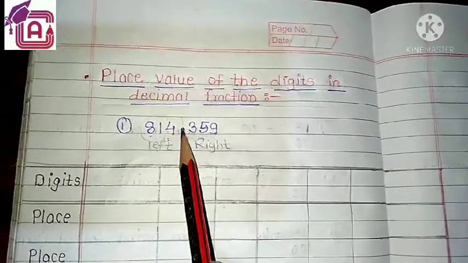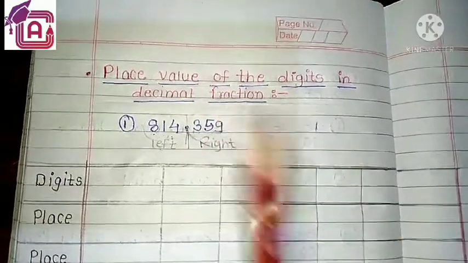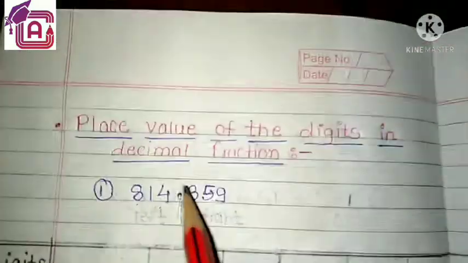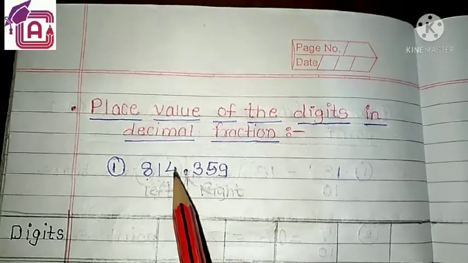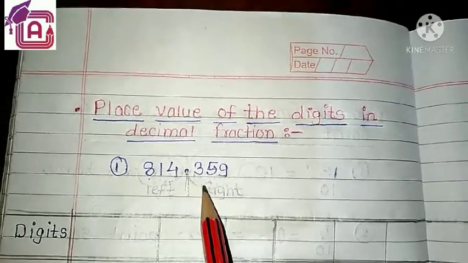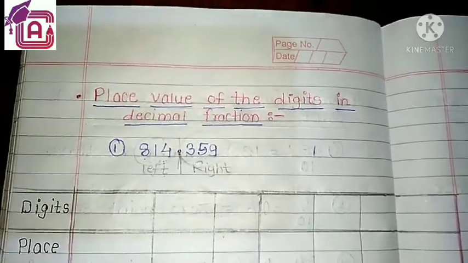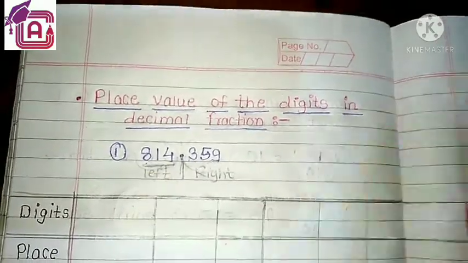And on the right side of the decimal point, these are all decimal numbers. So on the left side of a decimal point, numbers are complete whole numbers, and on the right side, numbers are decimal numbers.